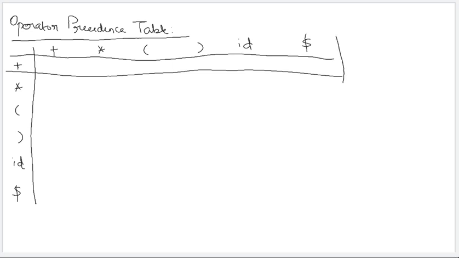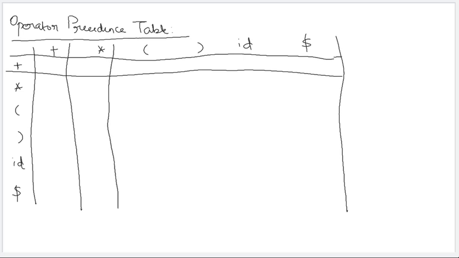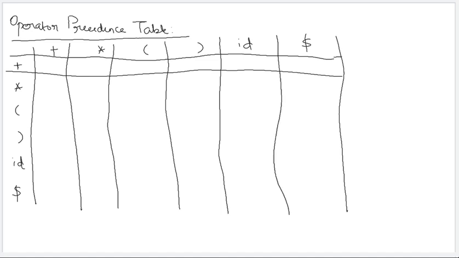So when we are creating the precedence, we will have only 3 possibilities. One is a terminal having lesser precedence over the other terminal symbol. Otherwise, greater precedence, or there can be an equal precedence.